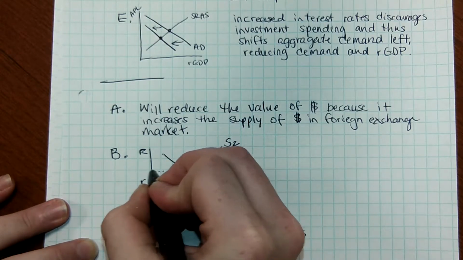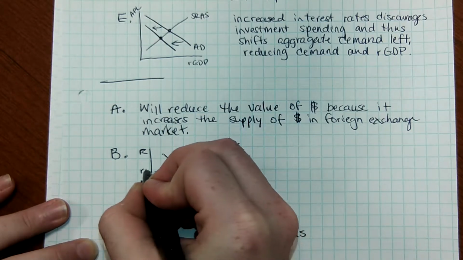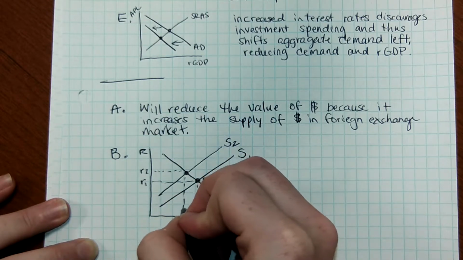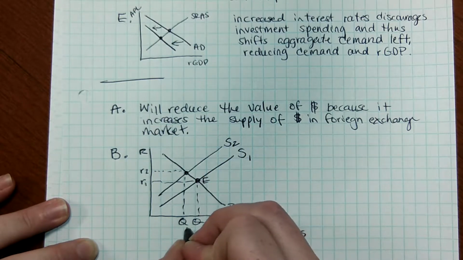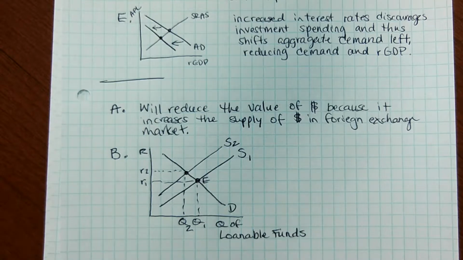Now focus on what the question is really asking. It's asking what happens to that interest rate. So it's super important when they're talking about, show the effect on the quantity of loanable funds, show the effect on the interest rate, show the effect on the price level.